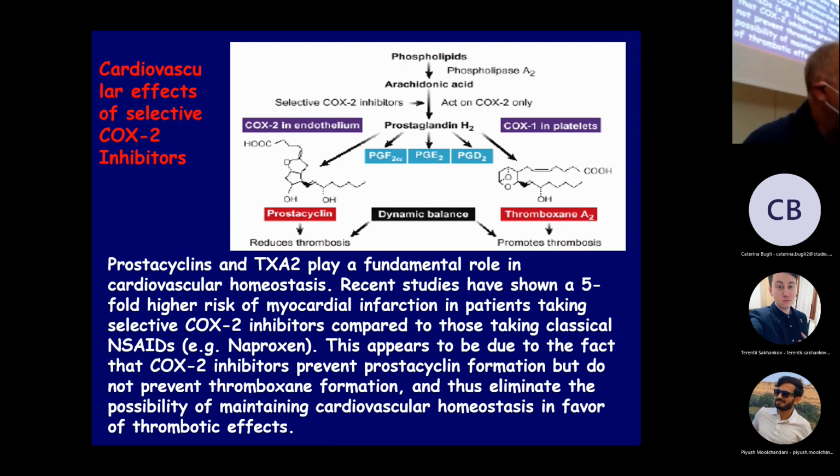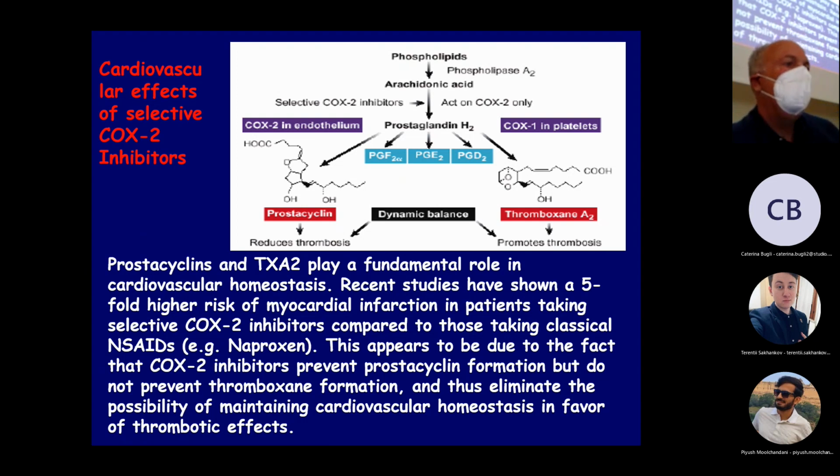If COX-1 is not inhibited, we can have the formation of thromboxane A2. Thromboxanes are able to promote thrombosis, to form blood aggregates. So COX-1 is free, can work, can form thromboxane.